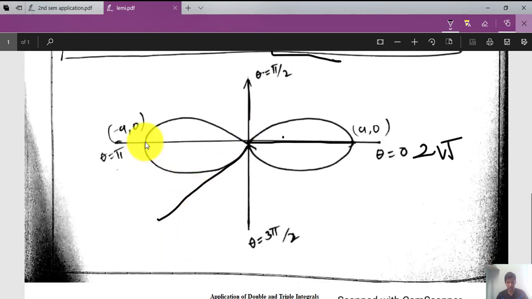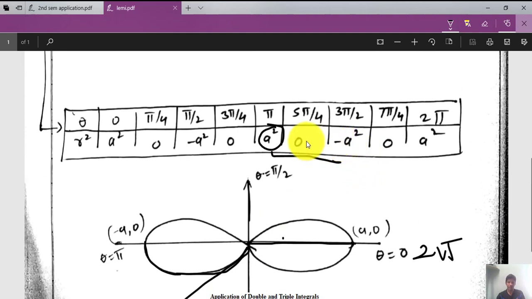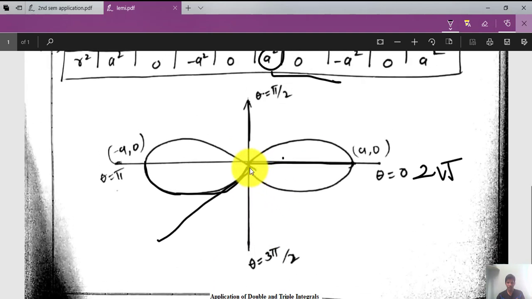If you take 180, 190, 200 degrees, all these values approach 0, and at 3 pi by 2 it turns out to be minus a square, which is not possible. Then again from here it moves on to a square.